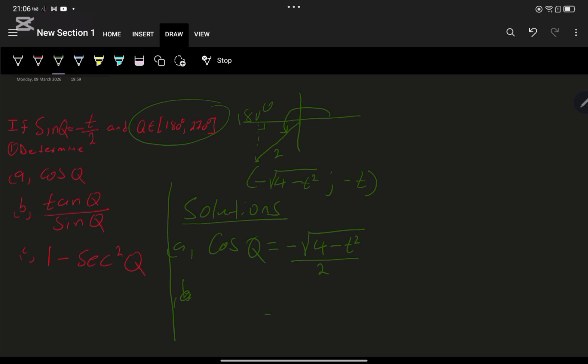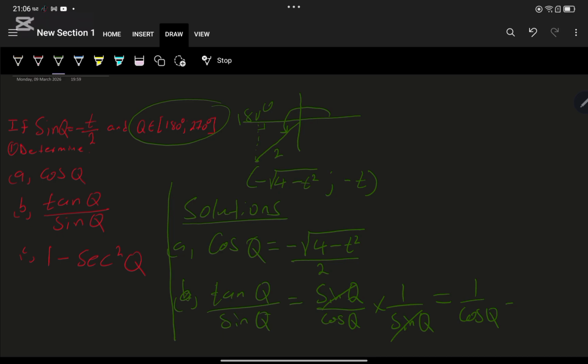Now b, we've got tan of angle q over sine of angle q. So this is the same as having sine q over cos q multiplied by 1 over sine q. Now this divided by that is 1. We are left with 1 over cos q.